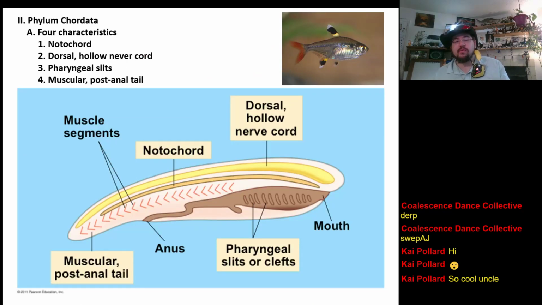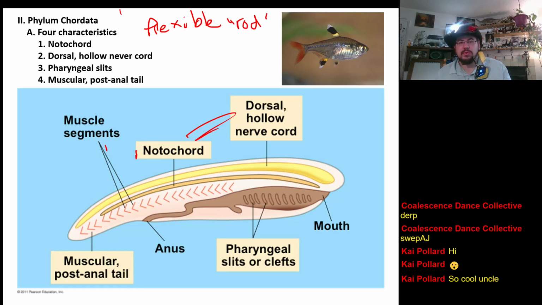So first, the four major characteristics. One is a flexible cartilaginous notochord. A flexible rod called the notochord.